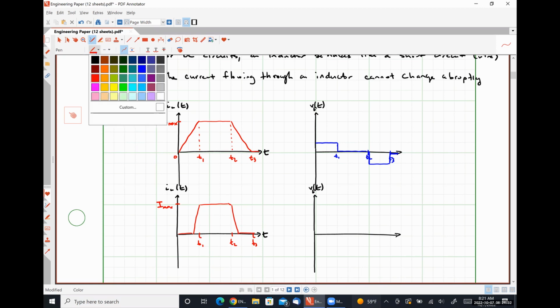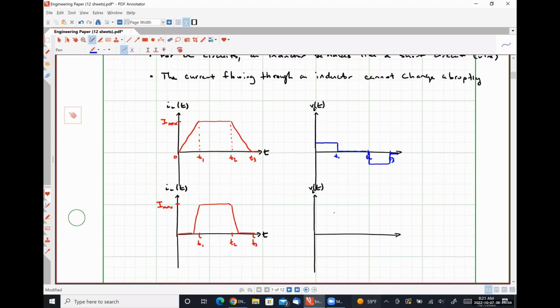So in this case, we'd probably see something like this. The magnitude of the voltage would be much higher.